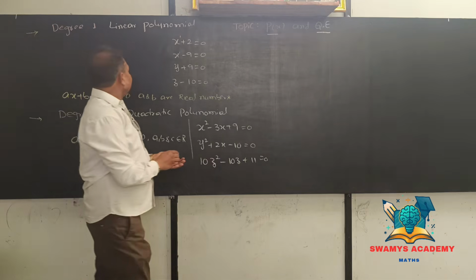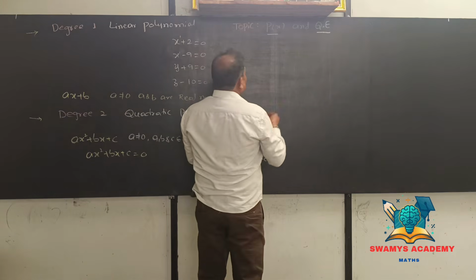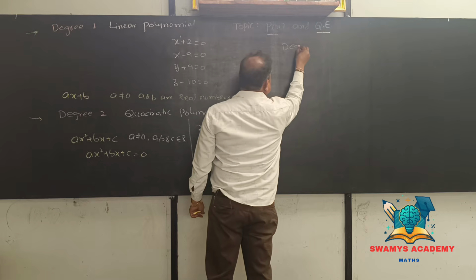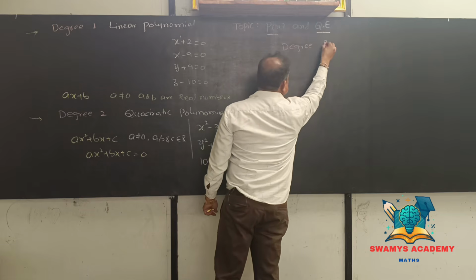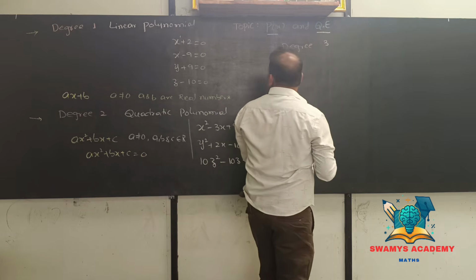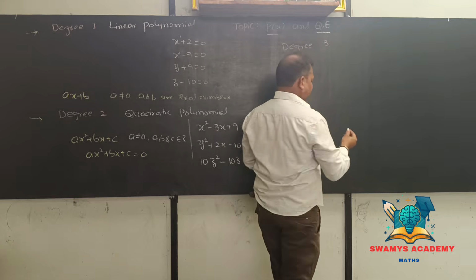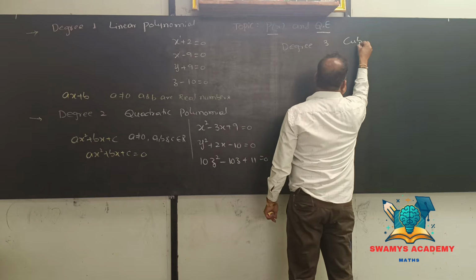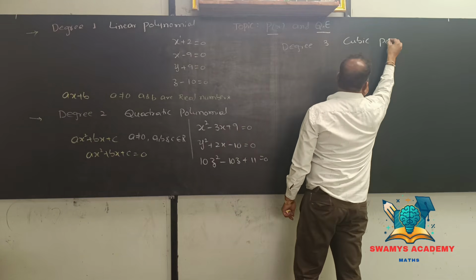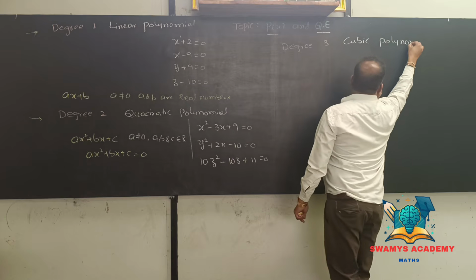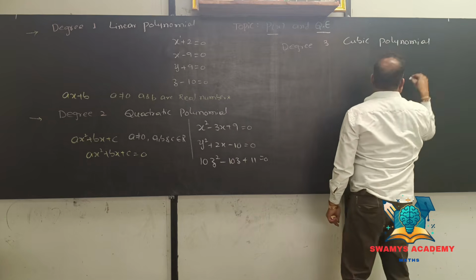In case degree 3 is there, that will be called a cubic polynomial.